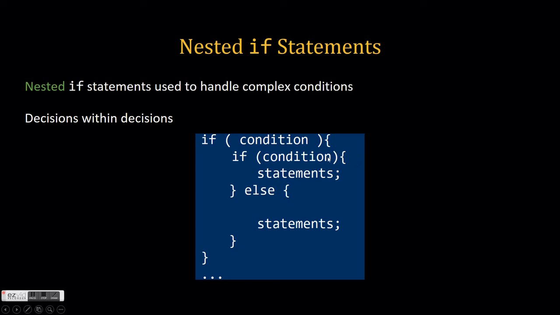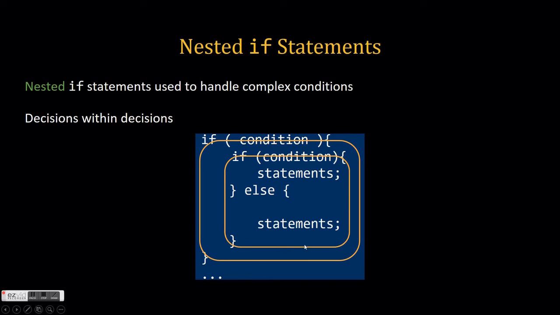However, if this one is false, then go inside and execute this one. But if the outer if condition evaluates to false, then you go to the end. So we first evaluate the outer condition here, and then we evaluate the condition inside.